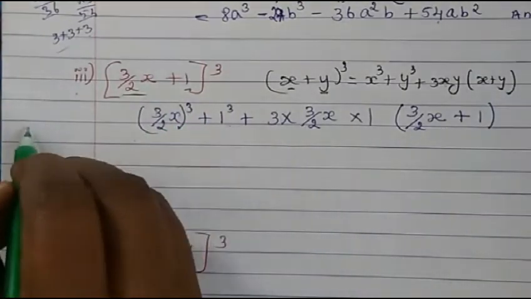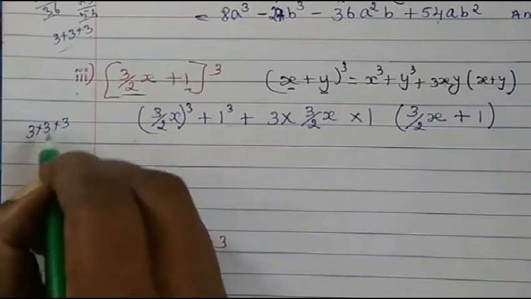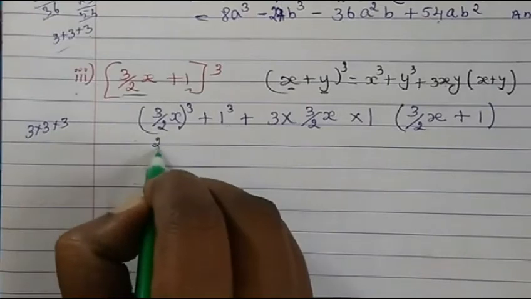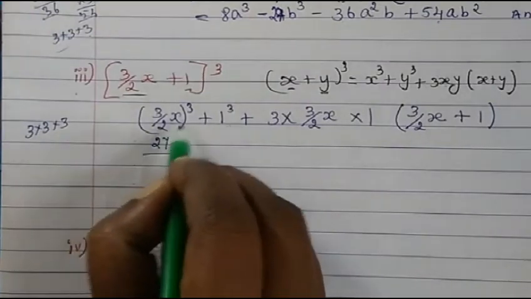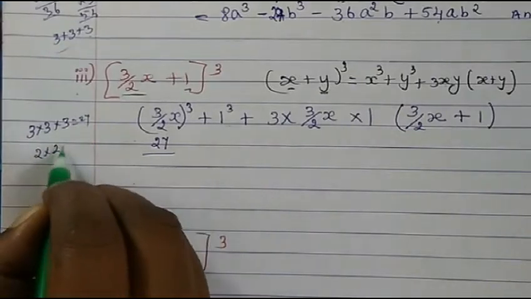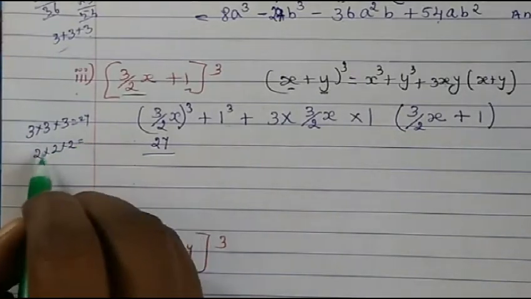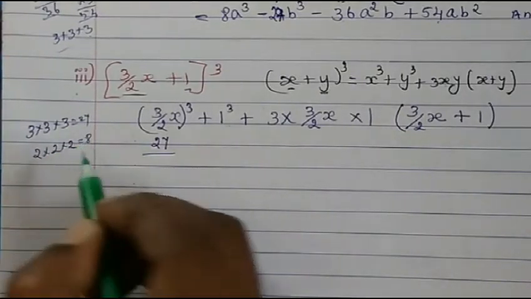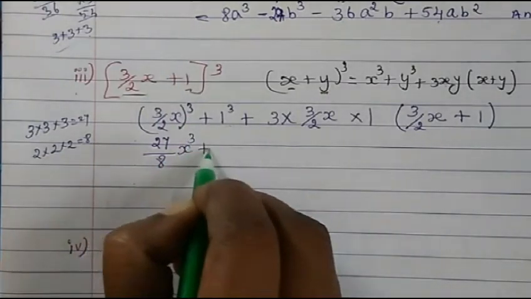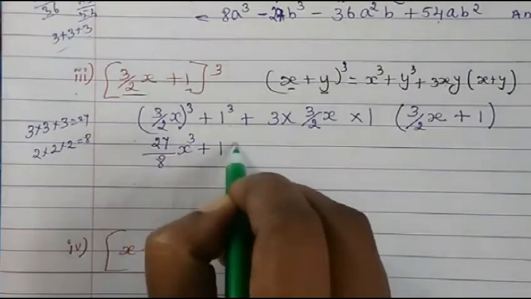So again, 3 times will give us 27, because 3 3s are 9, 9 3s are 27. So 27. Now 2 3 times. 2 2s are 4, 4 2s are 8. So will give us 8. Now x cube will be x cube plus.